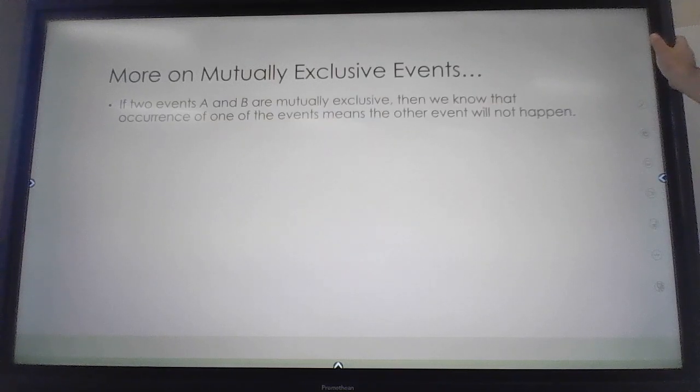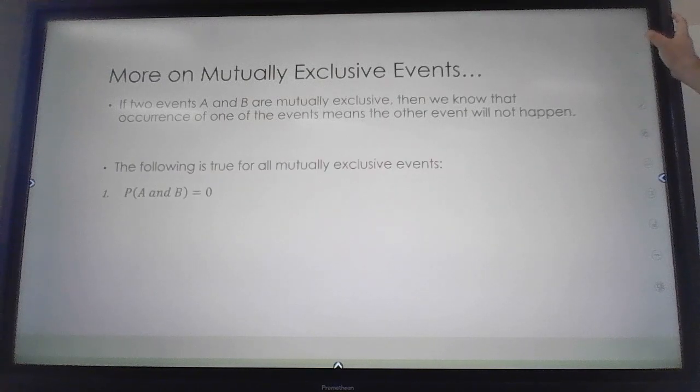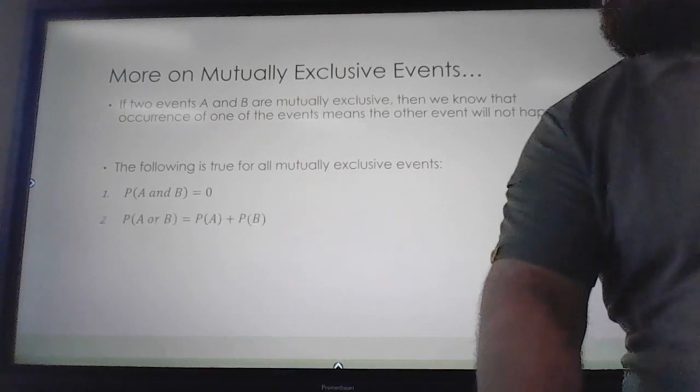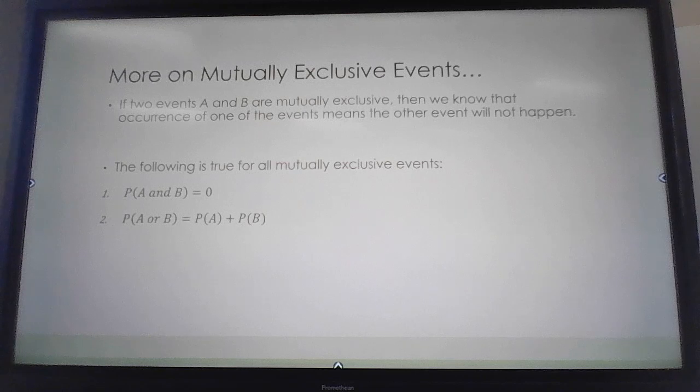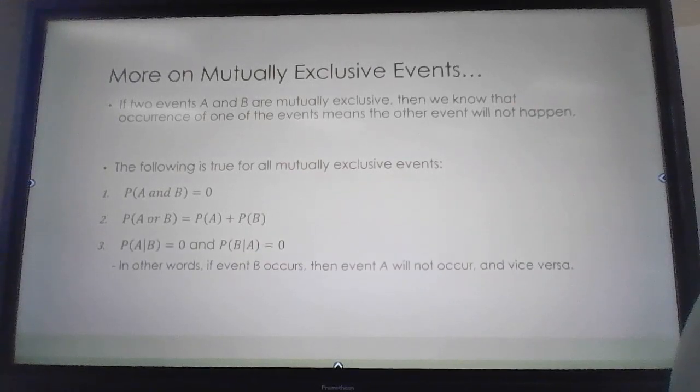Now, if two events are mutually exclusive, then we know that the occurrence of one of the events means that the other event will not happen. Which means that the and probability of those two events is going to be 0. And of course, in this case, that's where we use the specific addition rule. But it also means that the probability of A given B is 0, and vice versa.